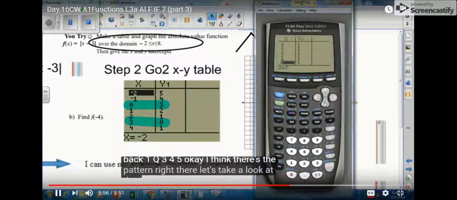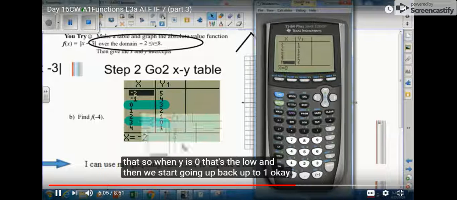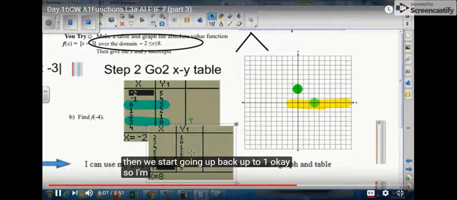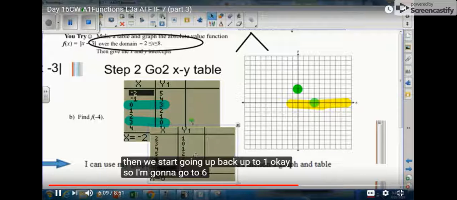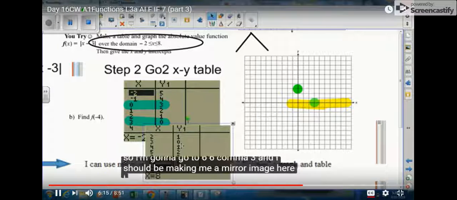Let's take a look at that now. When Y is 0, that's the low, and then we start going back up to 1. So I'm going to go to 6, 3, and that should be making me a mirror image here.